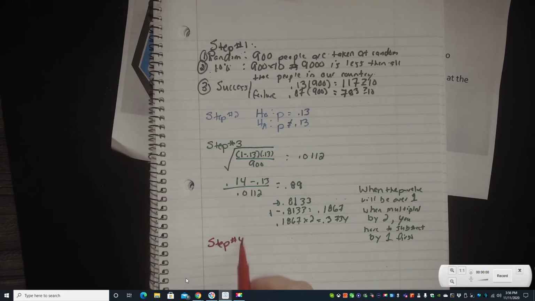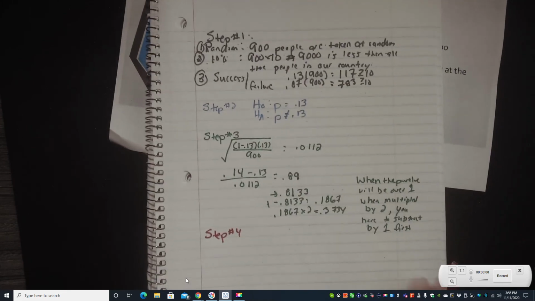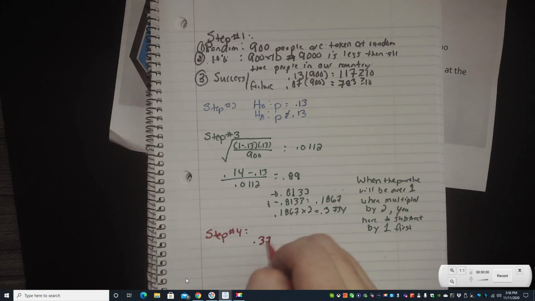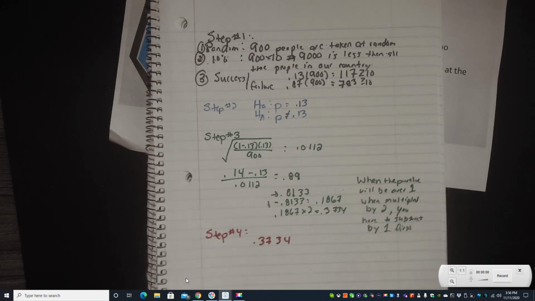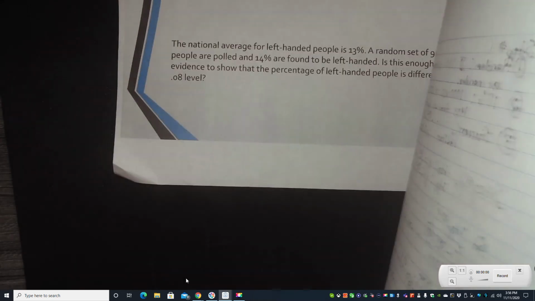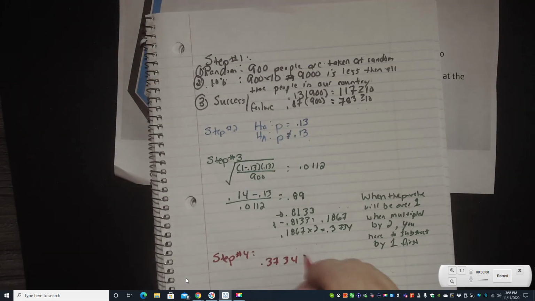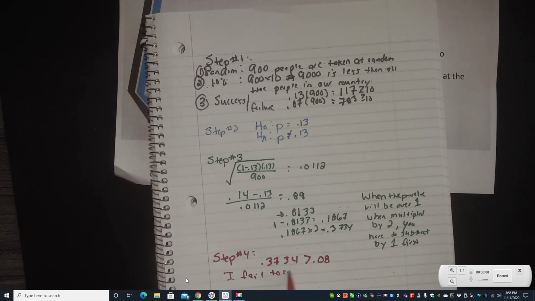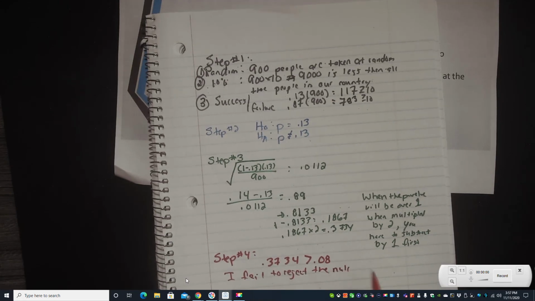Step number 4. So I have 0.3734, and my alpha was 0.08. So this is definitely greater than 0.08. So I fail to reject the null hypothesis.